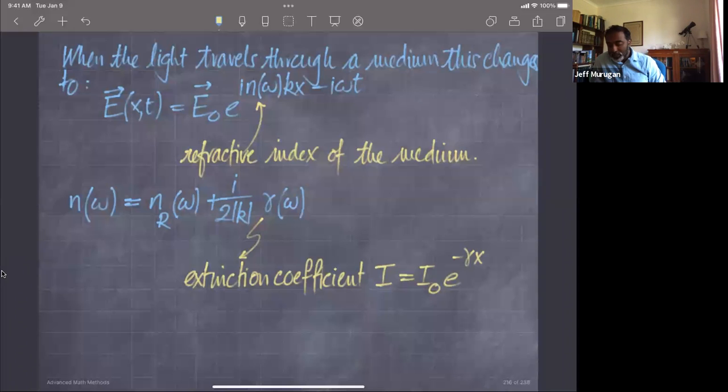So gamma is defined such that the intensity I at a point x in the medium is given by I naught, the intensity that the light hits the medium with, times e to the minus gamma x. So there's this exponential fall off as it travels further into the medium.